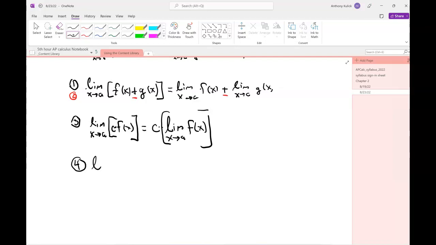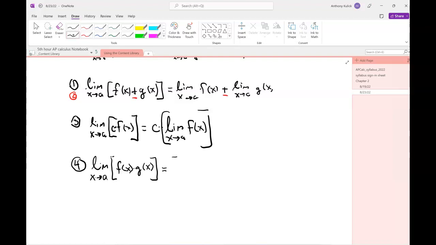keep on going. Again, I said I think I have 9 of these. And then we'll do some examples where we'll apply them. So we have the limit as x approaches a of f of x times g of x. So the product of two functions.